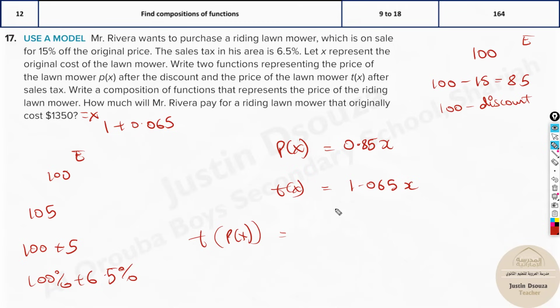Over here the tax is how much? 1.065. So now first of all we'll write it in terms of this. This is what P of X is, 0.85x. Now all you do is you multiply this by 0.85, so it'll be 1.065 multiplied by 0.85x. Now when you multiply this, you get the answer.